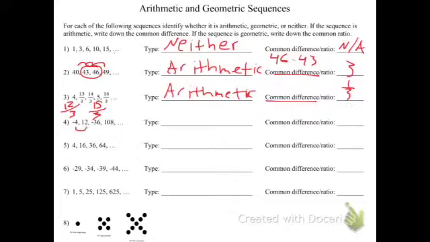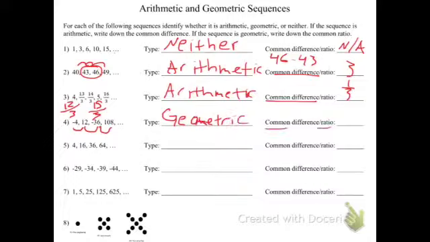Moving on to 4, let's see. Negative 4 to 12, that's like plus 16. Oh, and then it goes to negative 36, so it's not going to be plus the same amount each time. Negative 4 times negative 3 would give me 12. 12 times negative 3 would give me negative 36, so it's looking like it's times negative 3 each time. And that is geometric if you're multiplying by the same number each time. So that one's geometric.